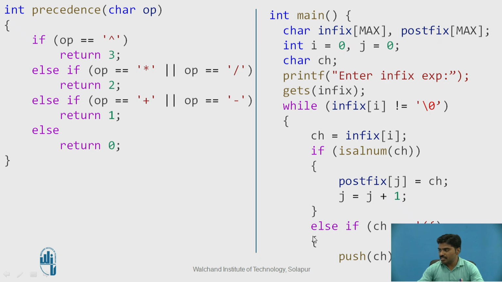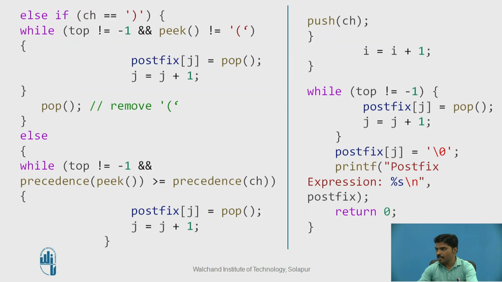In the first case, if an alphabet is there, you can directly add it to the output string. In the second case, if the scanned character is an opening bracket, then you have to push that opening bracket into the stack. Else if the scanned character is a closing bracket, then you have to pop all the elements and add them to the output string. What is the rule?